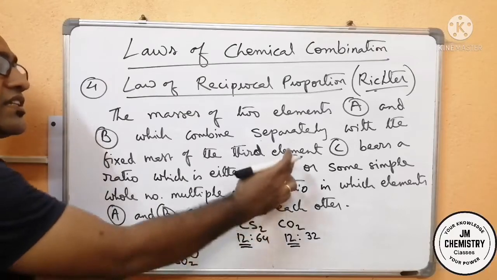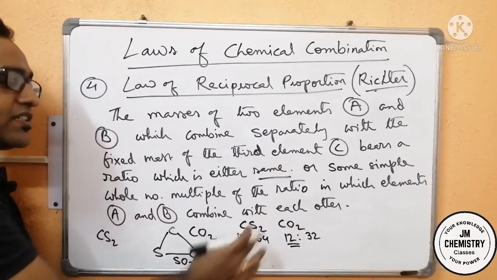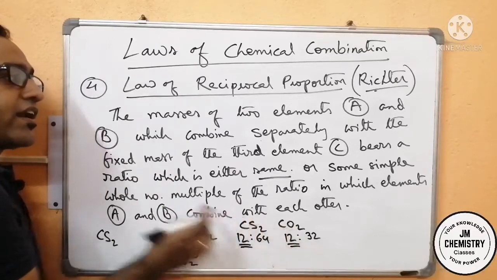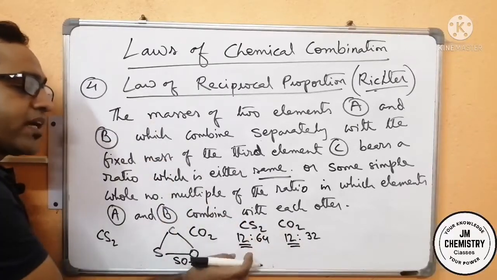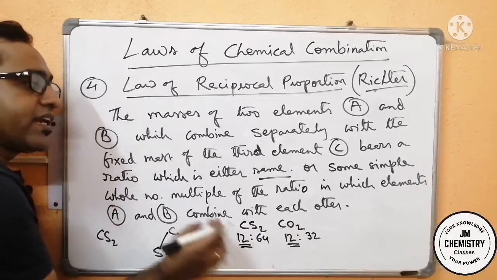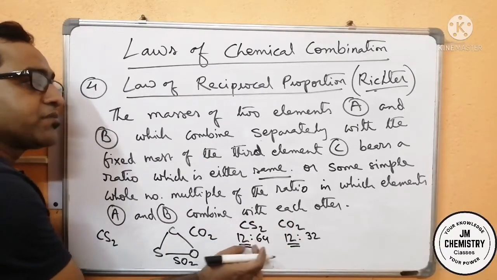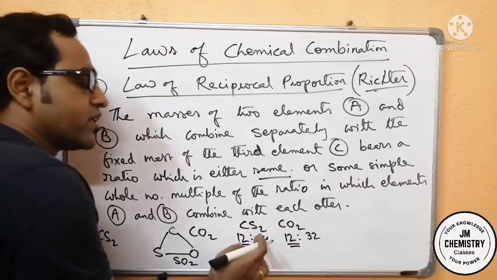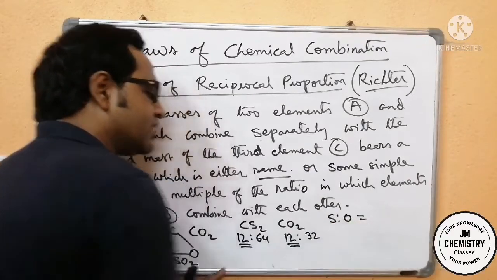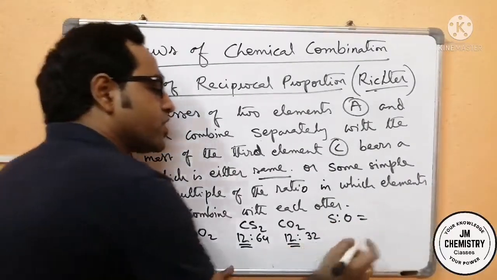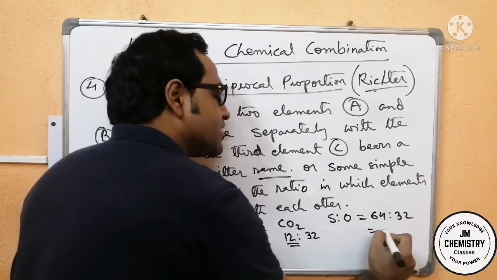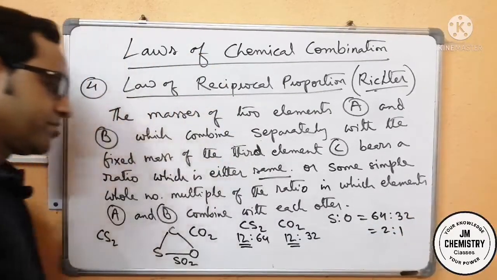So carbon is the third element. Sulfur and oxygen are elements A and B which combine with the fixed mass of carbon. So the ratio of sulfur and oxygen is 64 is to 32. So basically it is 2 is to 1.